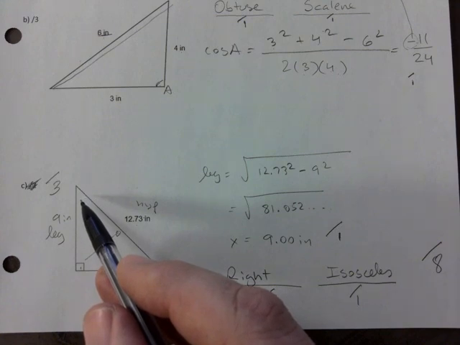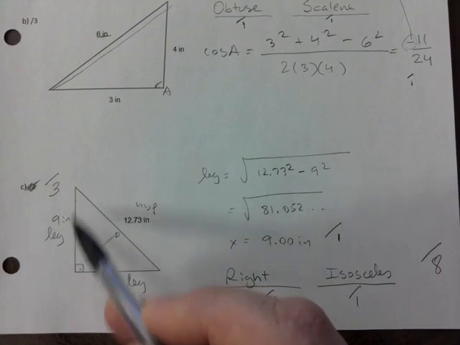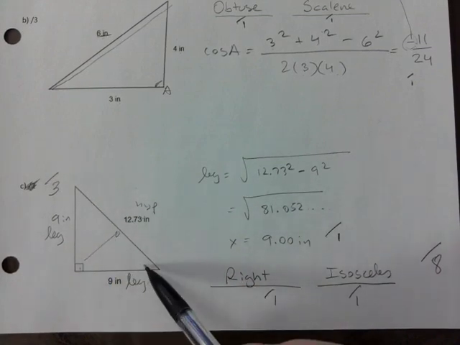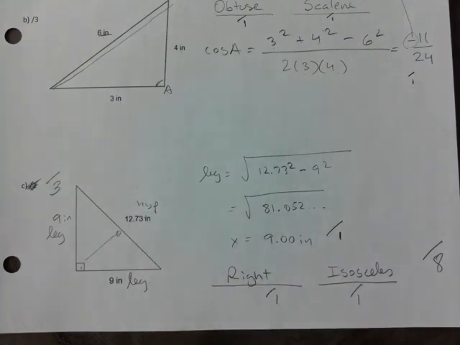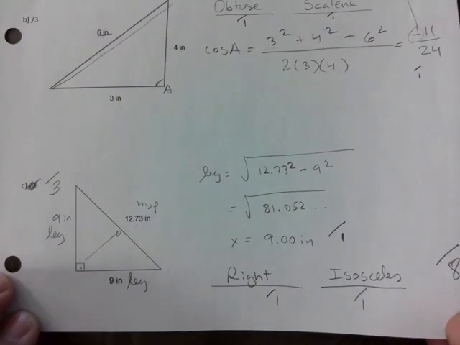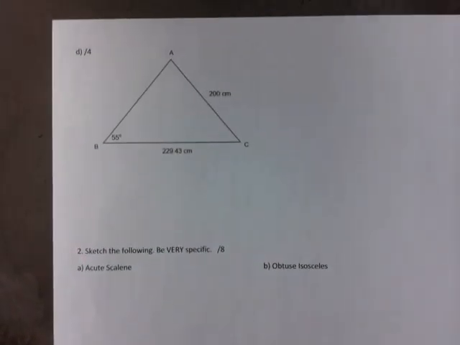Are you with me? You would have probably come up with 45. And so 90 and 45, that means that this has to be 45 as well, right? And then it's like, oh, it's isosceles as well. So it has to jive, right? Or else geometry goes down the drain. Let's go to the next page here.